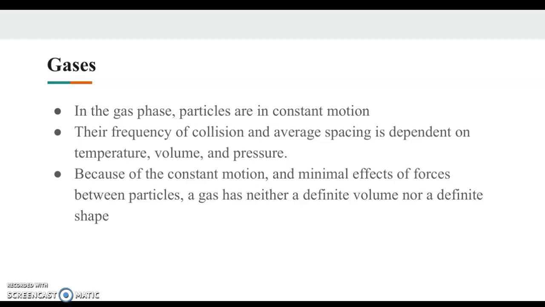A gas has neither a definite volume nor a definite shape. And again, this means that the particles are able to move freely. And again, we're going to spend quite a number of days after this discussing what should be expected for a gas, what actually happens with gases, and doing some calculations with pressure, volume, and temperature.